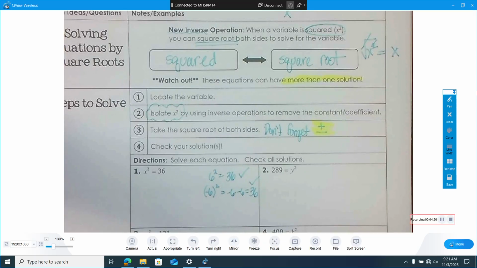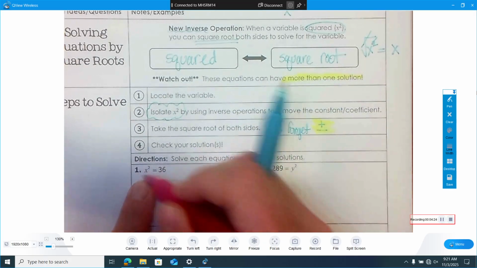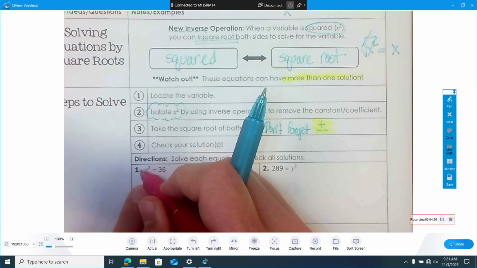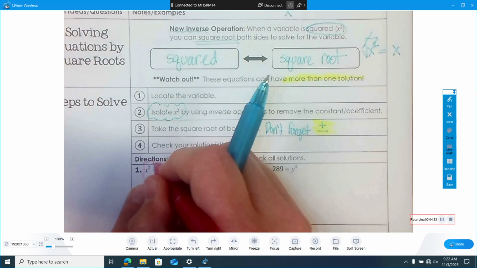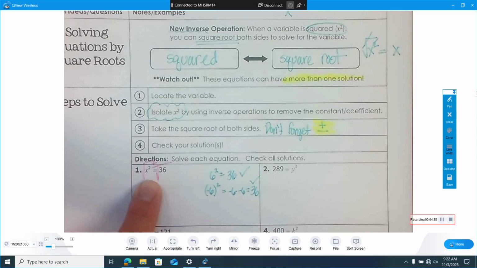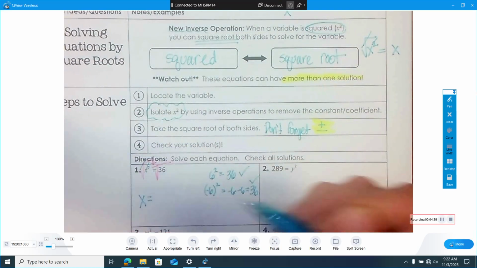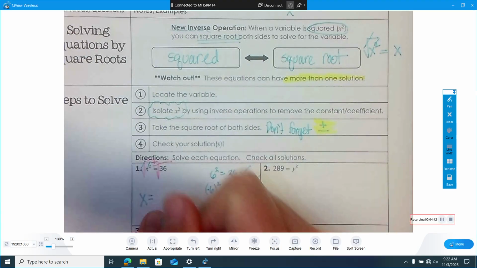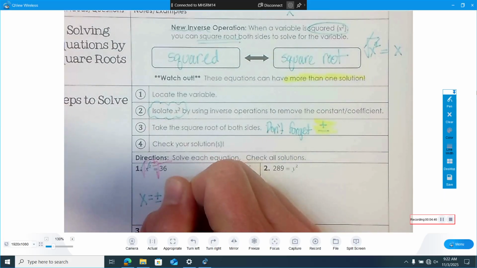So how do we do this when it's more than one step? The x squared is by itself, so to cancel out the x squared, we're going to take the square root of both sides. When we do that, we put a plus or minus in front of that radical. The square root and the square cancel out, and we get just a plain old x. Then we have plus or minus the square root of 36.